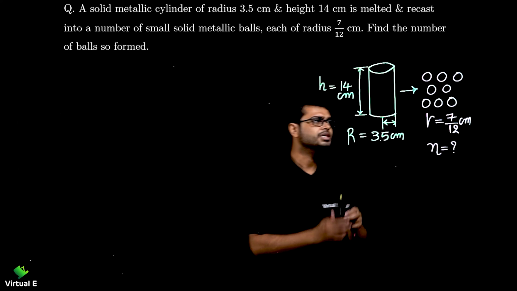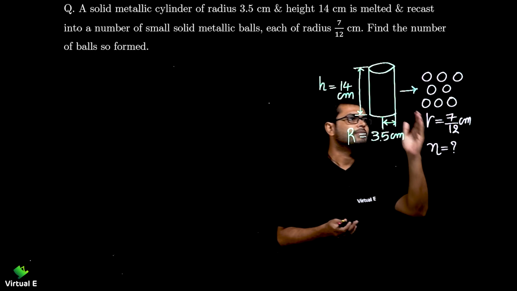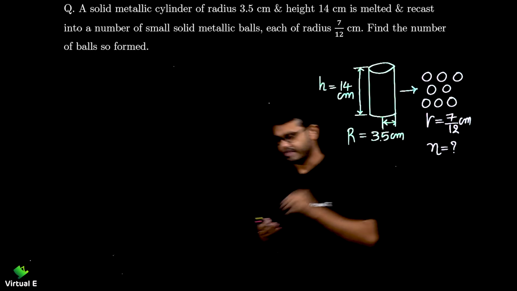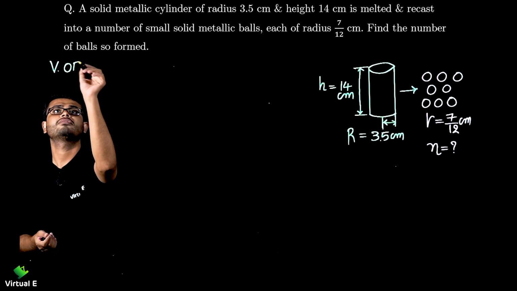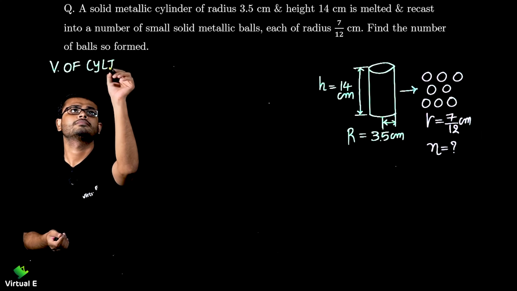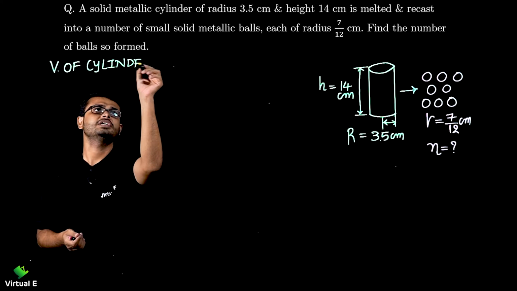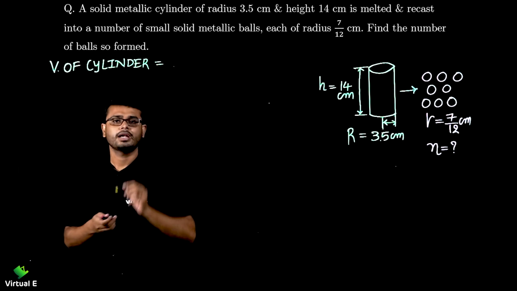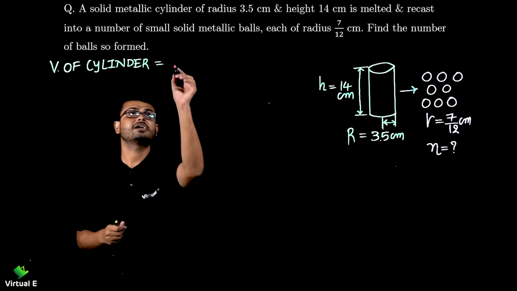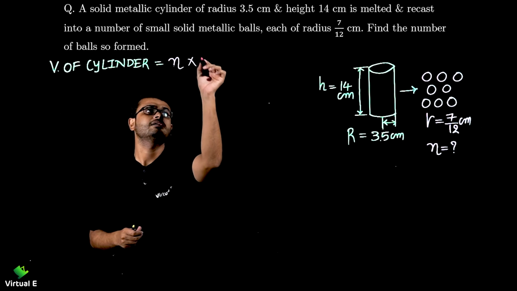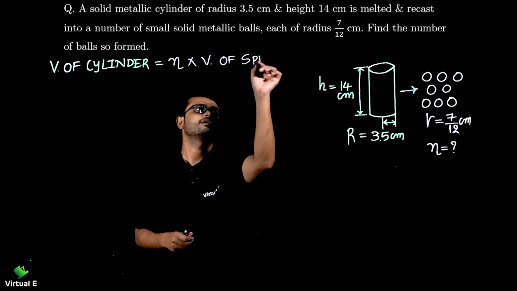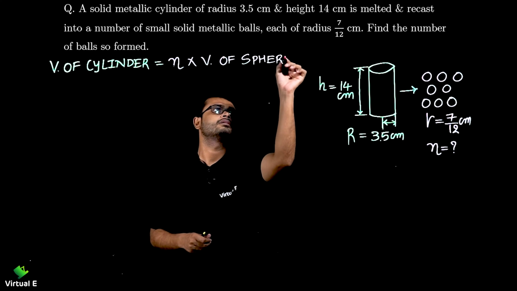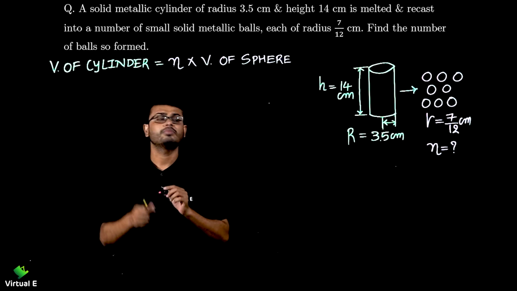Volume of cylinder is equal to n multiplied by volume of sphere, because there are multiple balls.